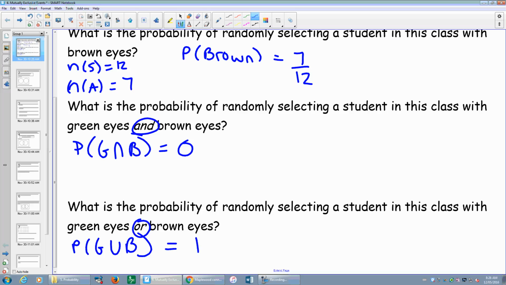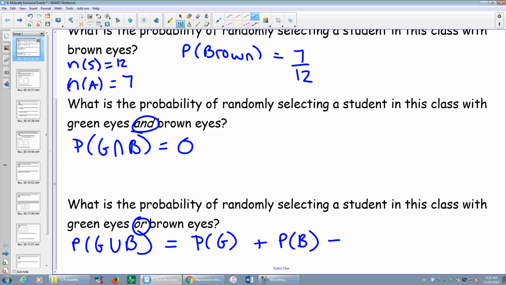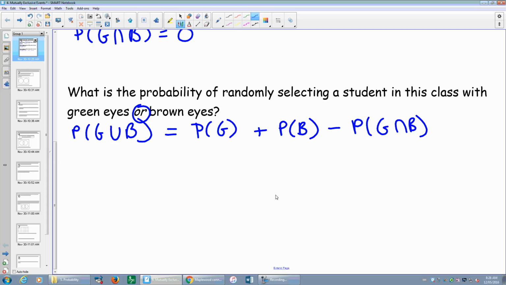So I would take the probability of the green and add it with the probability of the blue. And what students usually forget is you're going to subtract the intersection of these two, so the green and blue. We don't have that, but in another case you would. So we're not over counting. We're not counting that overlap.